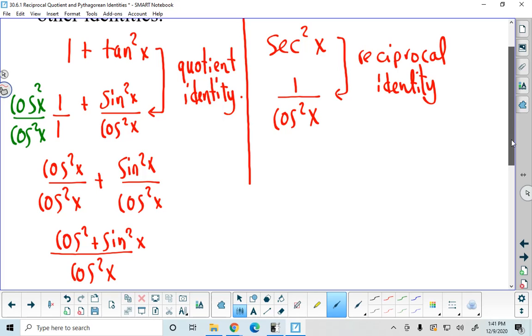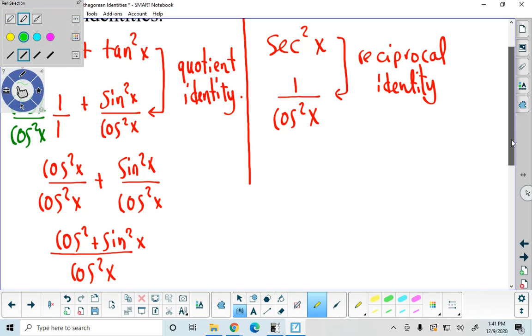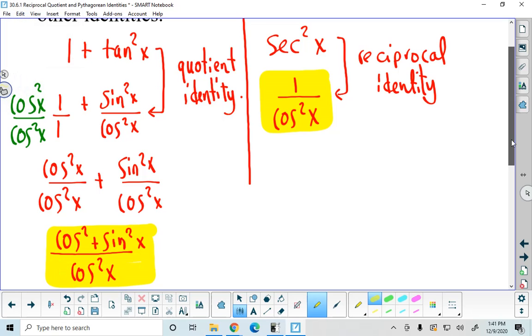My question to you is, how many of you see that 1 over cos squared is exactly the same as what we have currently on the left-hand side? Oh, how many? Yeah, I can see your hands. Type yes if you see how those two are equal.